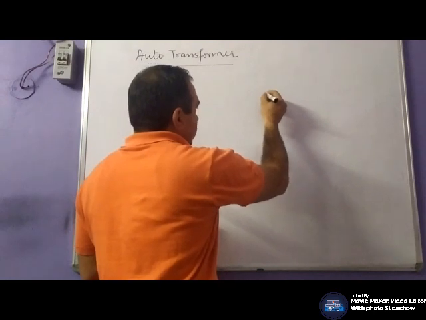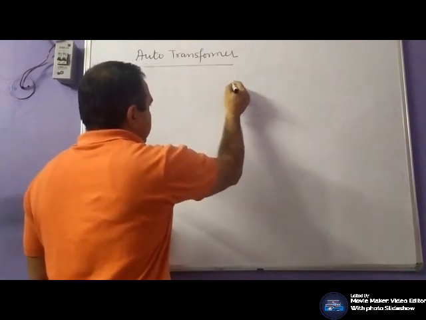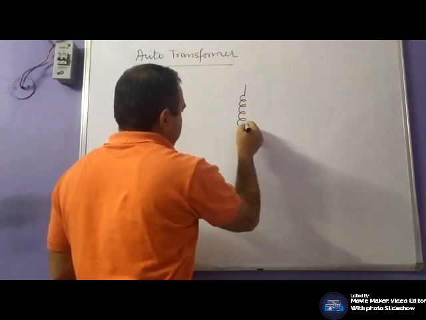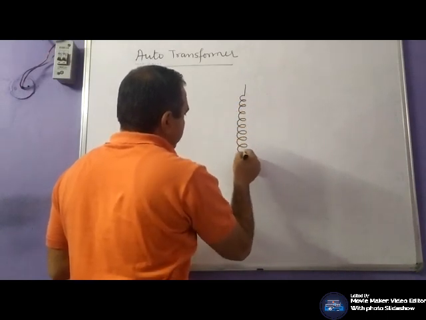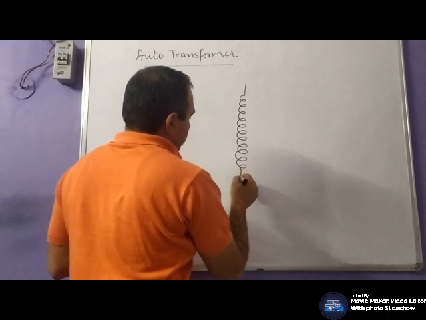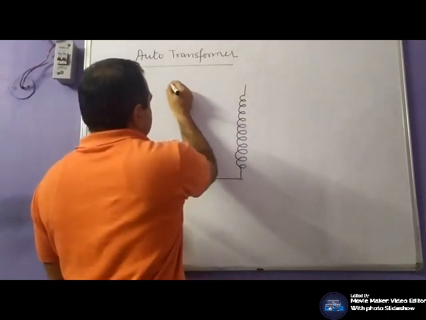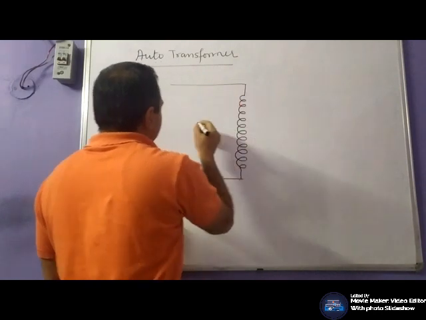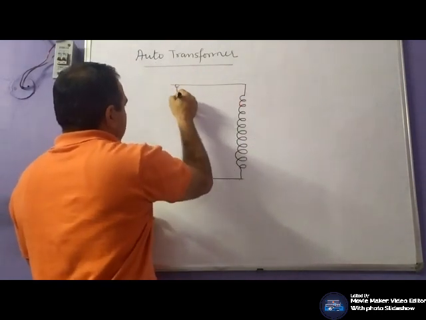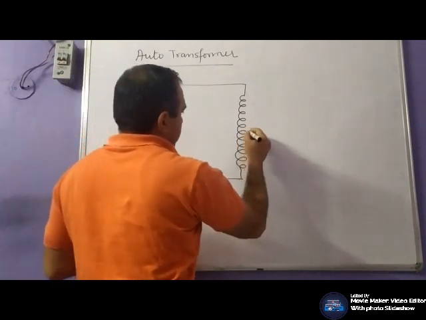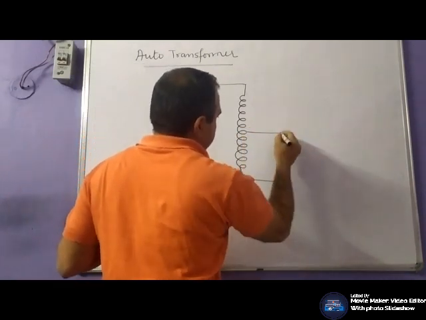Basically, this transformer is a one winding transformer and works on the principle of self induction. For example, we want to step down the voltage, so this will be the input voltage V1, and this is the load connected.